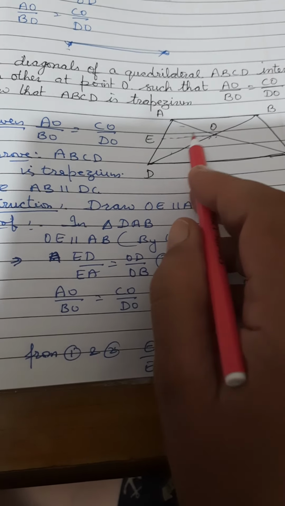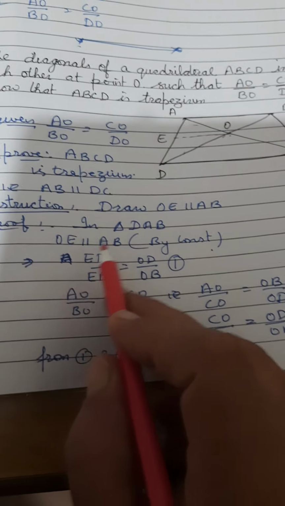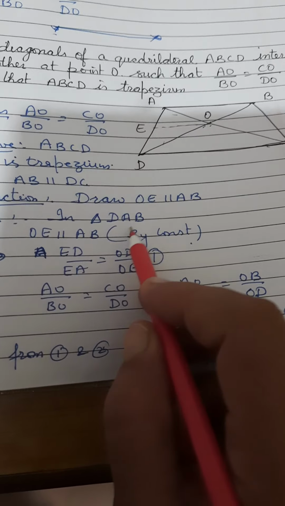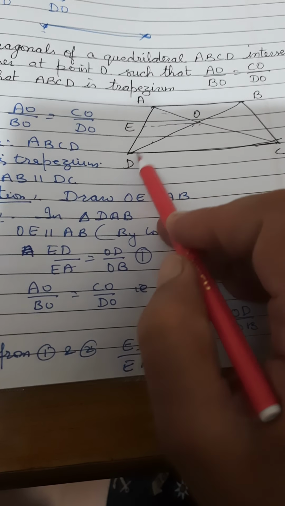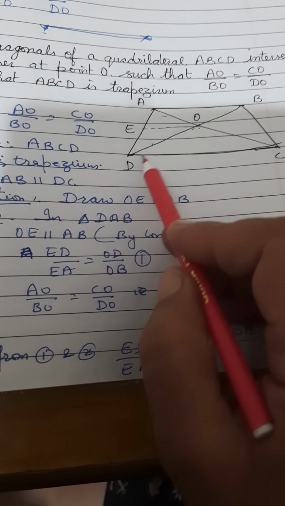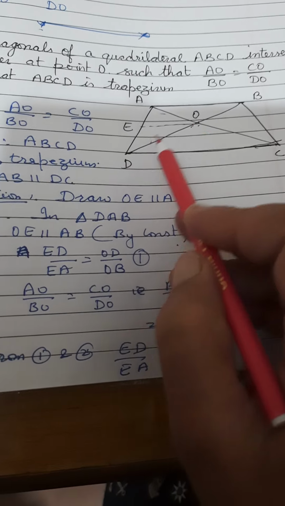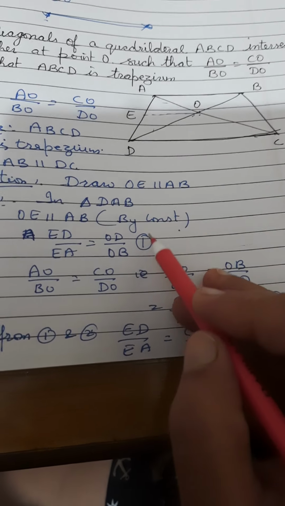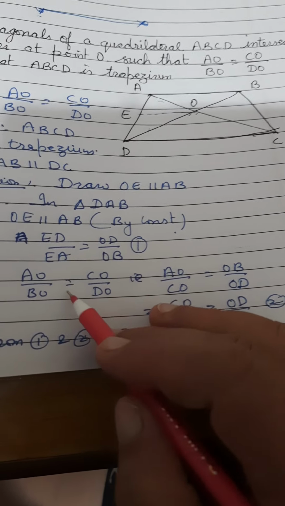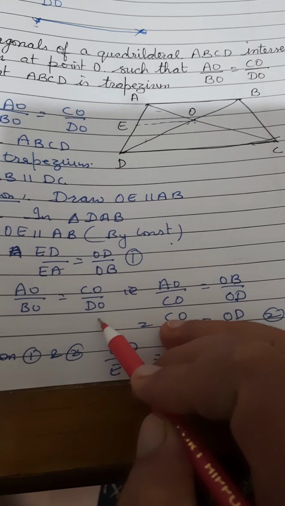Construction, draw OE parallel to AB. Now take triangle DAB. In triangle DAB, OE is parallel to AB. Therefore, ED by EA is equal to DO by OB. AO by OB is equal to OC by OD, it is given.